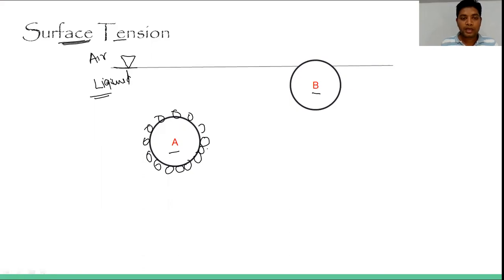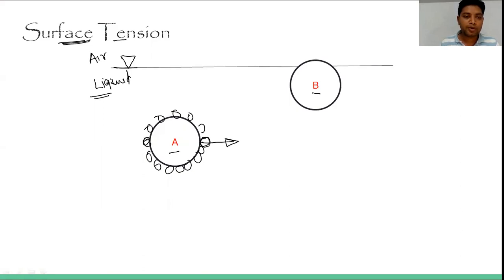Now what will happen is that in any internal liquid, the internal molecular distance is very small because of the cohesive forces. So because of that, the molecule in this direction on the right side will pull this A to its side.